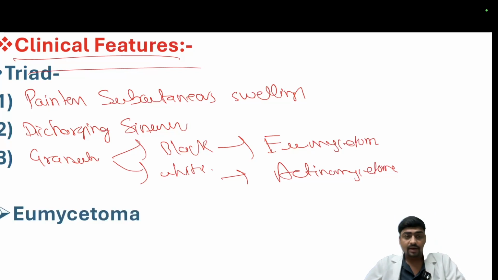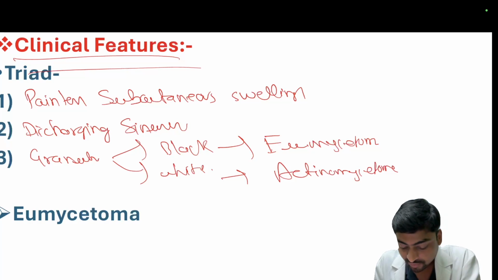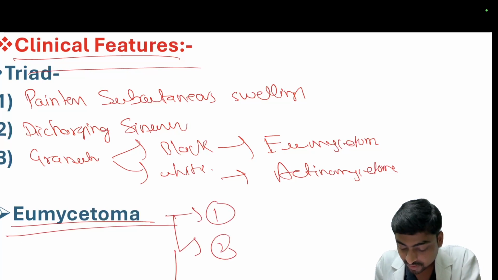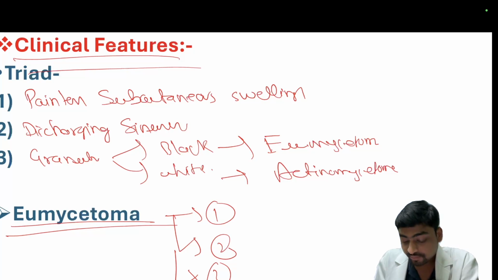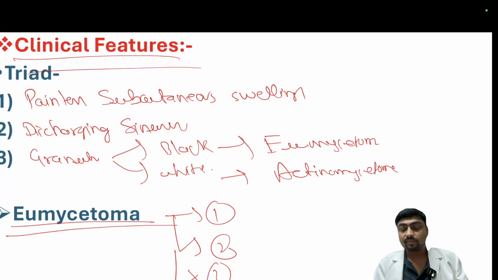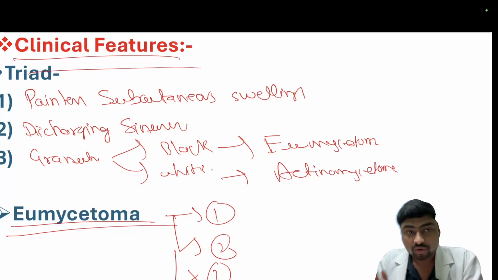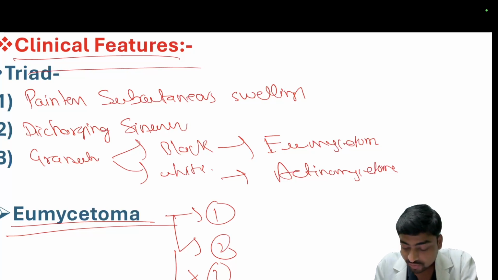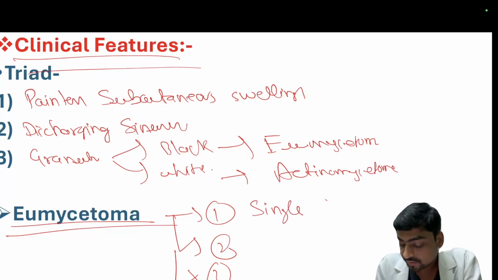Now if we look at the triad of symptoms in each type of mycetoma, how will they look in each type? Now in case of Eumycetoma, the triad of symptoms will appear as follows. The painless subcutaneous swellings are present in both types of mycetoma, but in Eumycetoma it will be a single swelling.